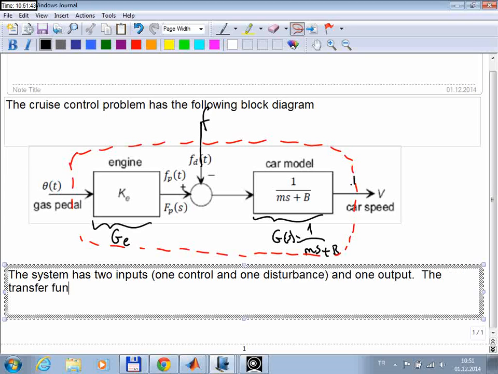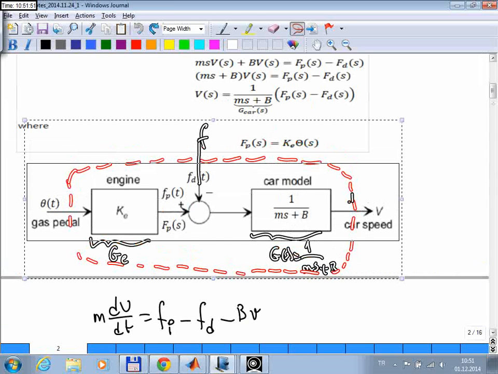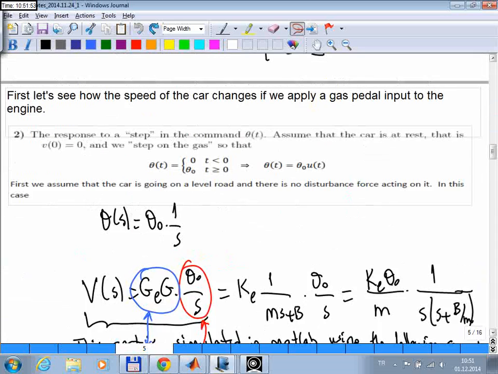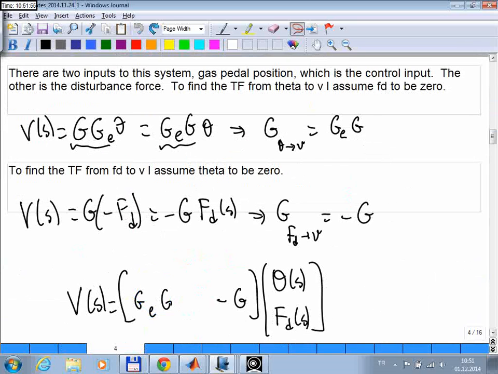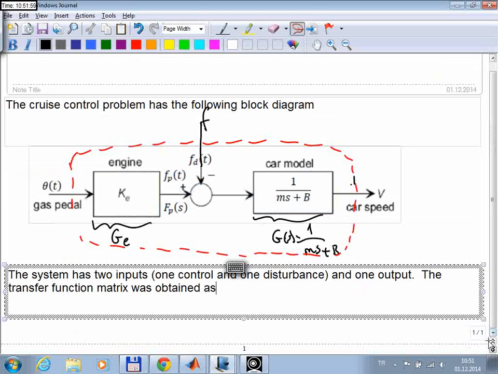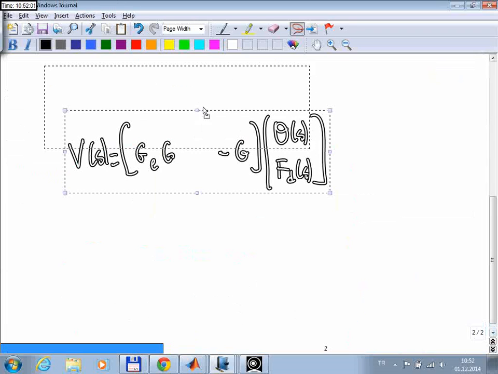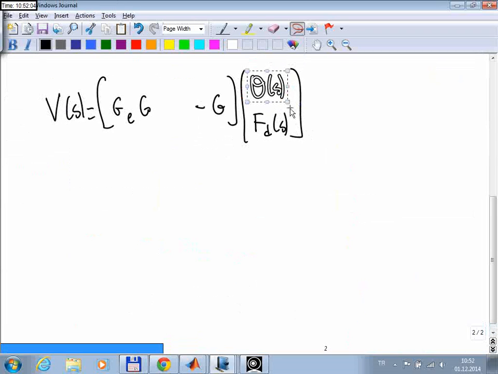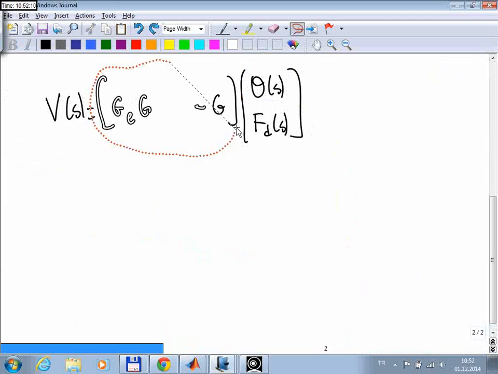The transfer function matrix was obtained as, okay, so this was the transfer function matrix. The key inputs are these, and they change the output through this transfer function matrix.